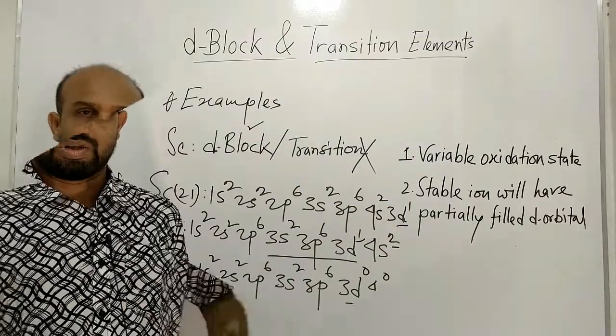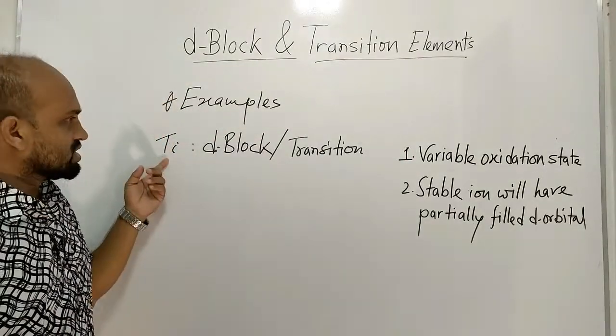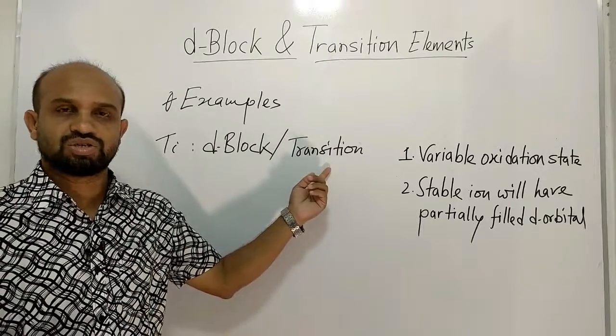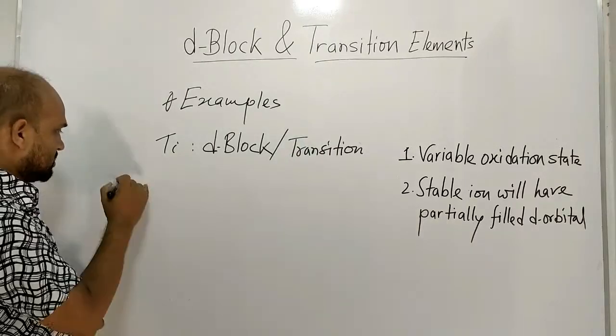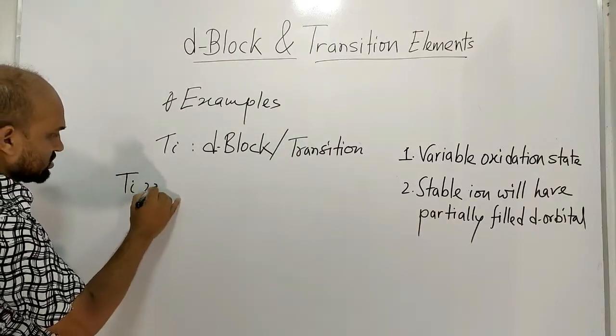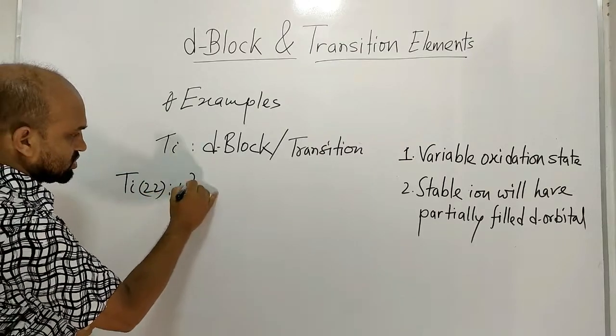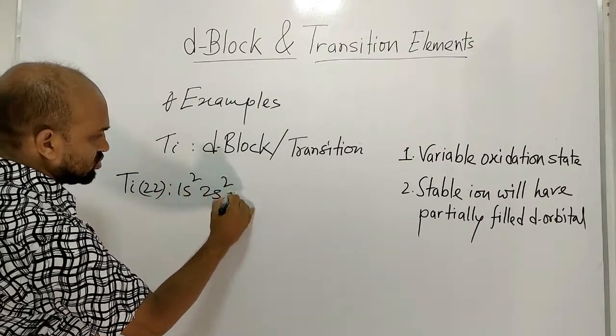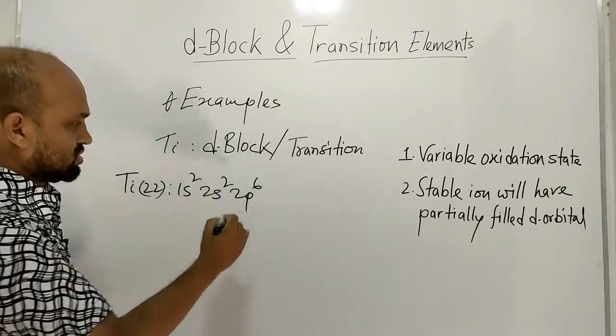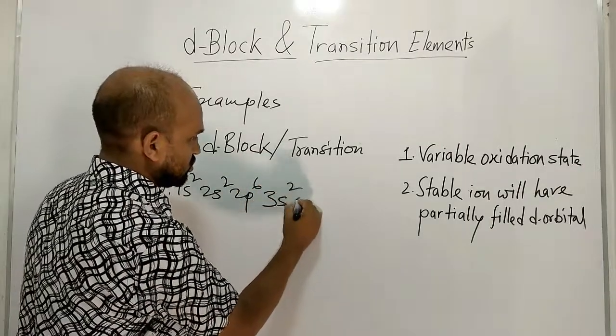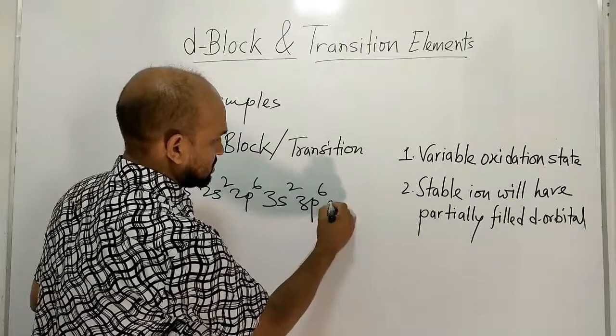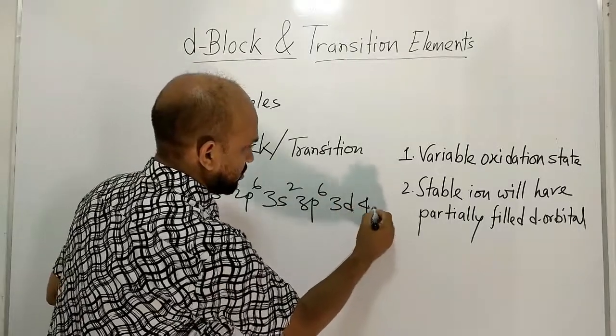Let's see another example. Now let's see whether titanium is transition or not. The electronic configuration of titanium is 1s2, 2s2, 2p6, 3s2, 3p6, 3d, 4s.